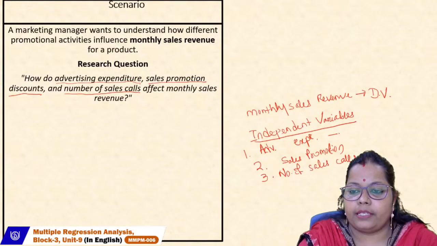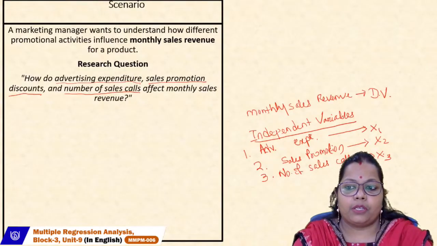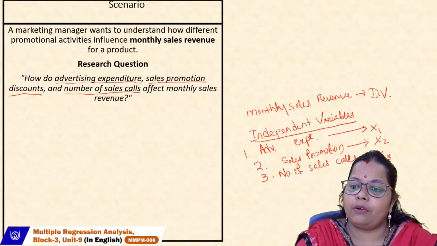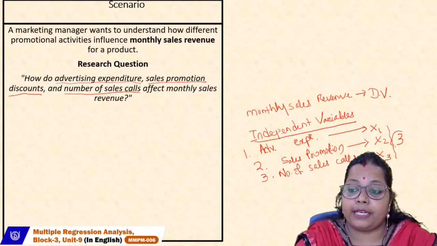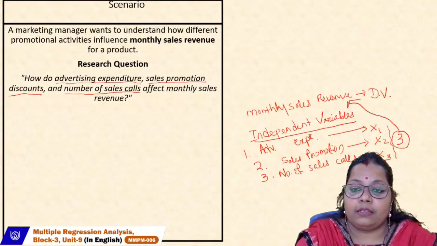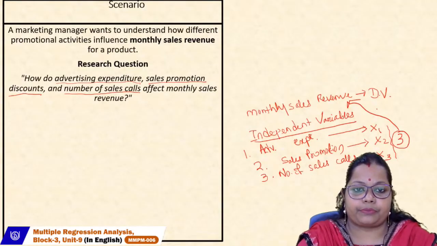Let me give the variable names: x1 is one independent variable, x2 is another independent variable, and x3 is another independent variable. So how many independent variables do I have now? That is equal to 3. So three different independent variables are impacting the dependent variable called monthly sales revenue.